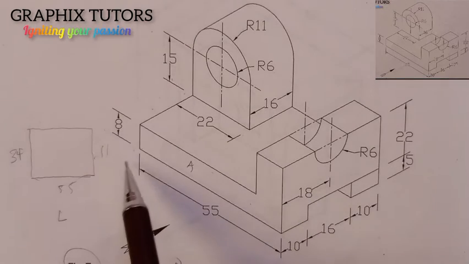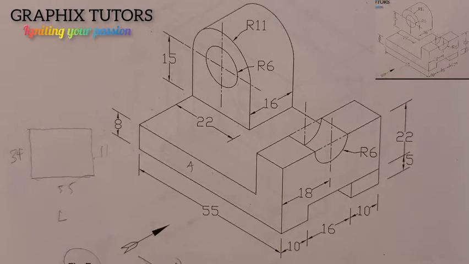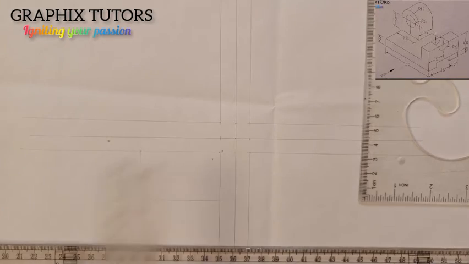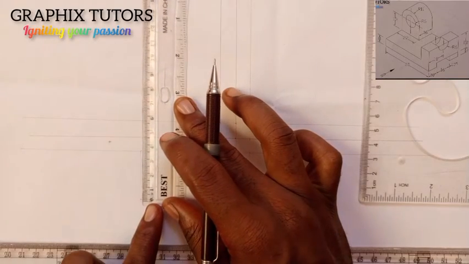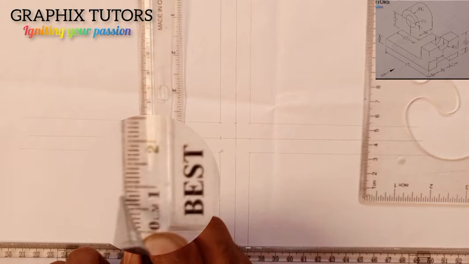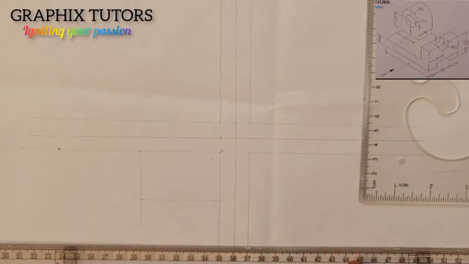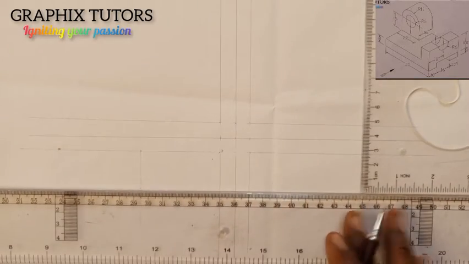So what I'll do, first of all, I'm going to measure 8 first. So let's measure the 8. So I'm measuring 8 from here. So from 1 here, this is 8 here, right? Then I'll close it up with this faint line first.